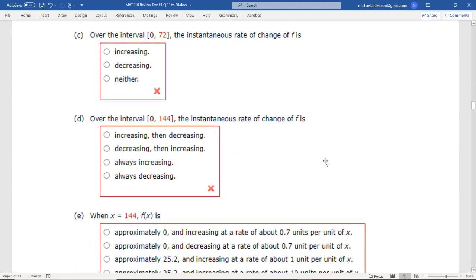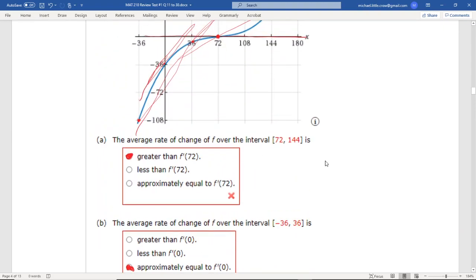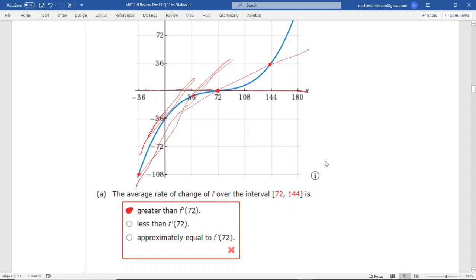Over the interval 0 to 72, the instantaneous rate of change is, now this one they actually want us to change from 0 to 72. We actually need to calculate that. So we've got the point 0, negative 36, and then we've got the point x is 72, y is 0.